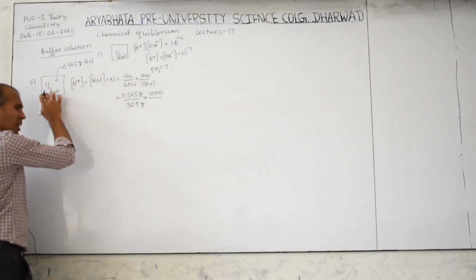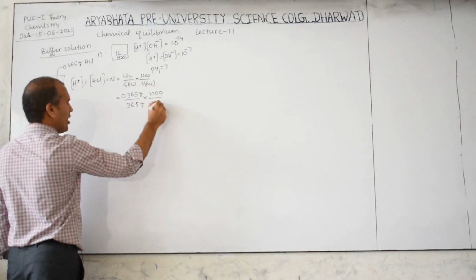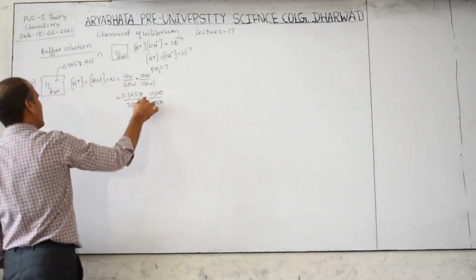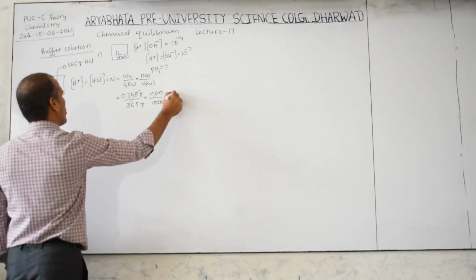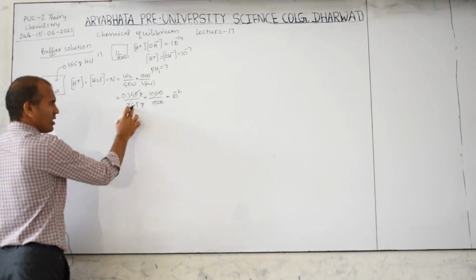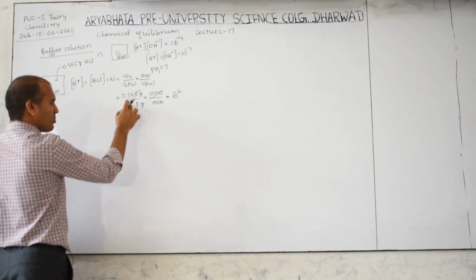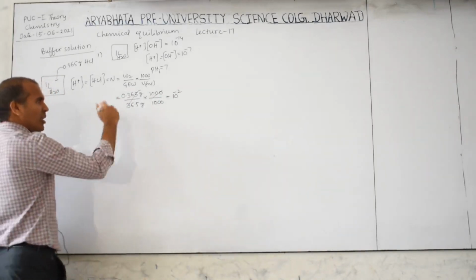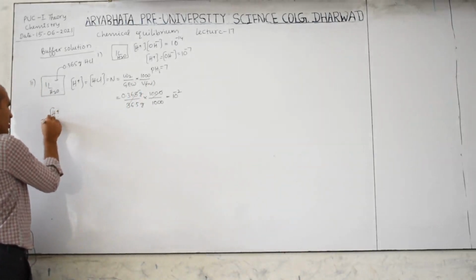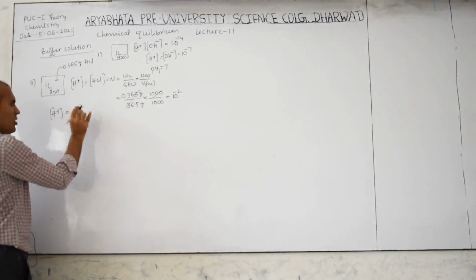Volume is given here as 1000 milliliter, since 1 liter equals 1000 milliliter. Then this is cancelled, this is cancelled. Then 10 power minus 2, because here 0.365 and 36.5 cancel. So 10 power minus 2 is the answer. Therefore H plus ion concentration is equal to 10 power minus 2.